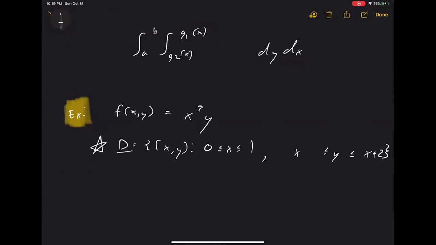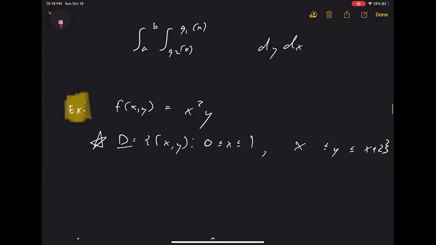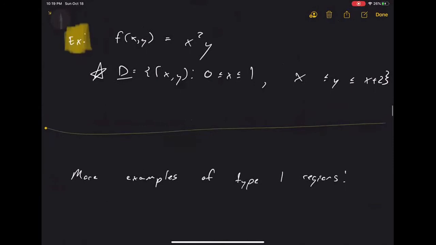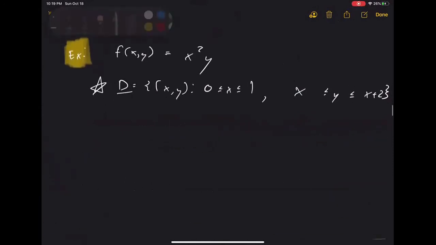We're told our domain is all the points x and y, where x is greater than or equal to 0 and less than or equal to 1, and y is greater than or equal to x and less than or equal to x plus 2. So we see our functions here: x and x plus 2 are functions of x.